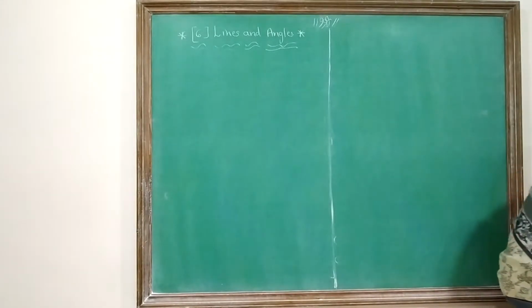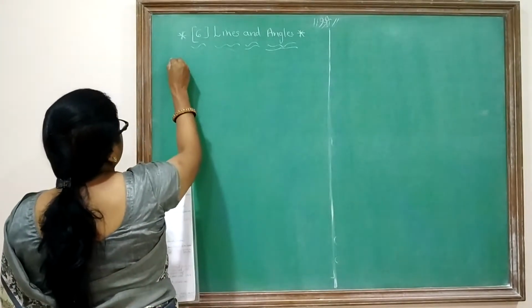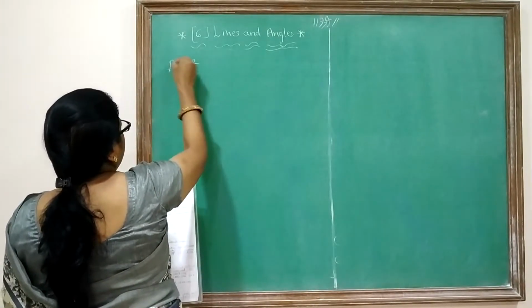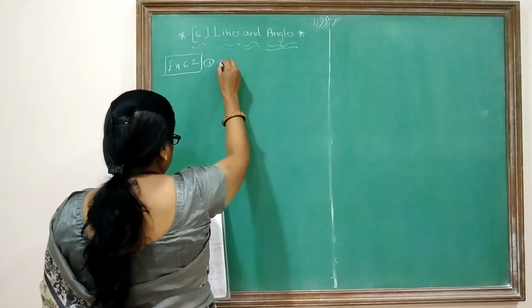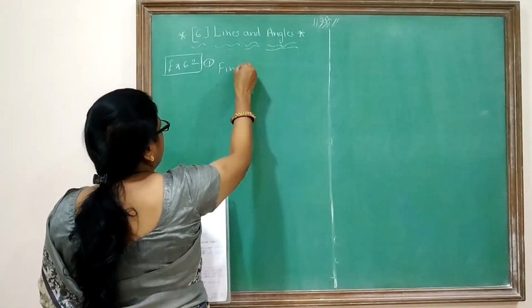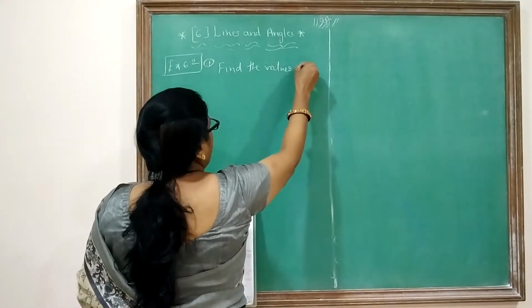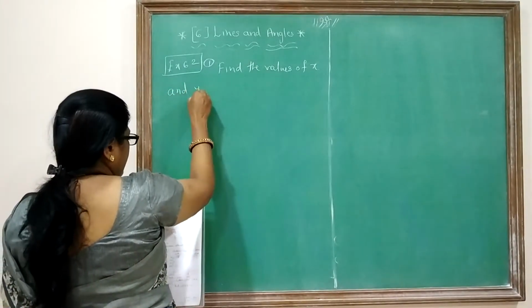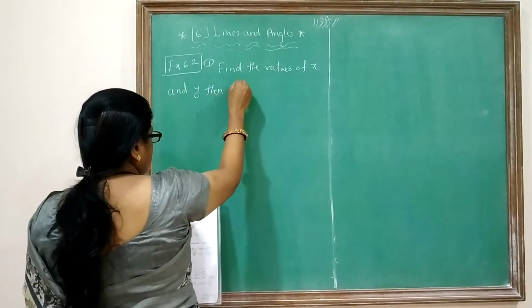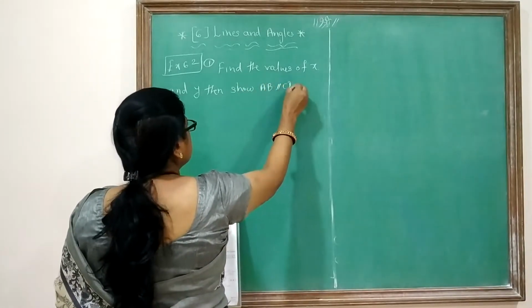Then your next exercise is Exercise 6.2. Your first question is: find the values of x and y, then show AB parallel to CD.